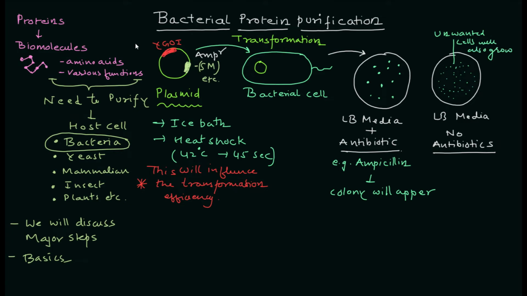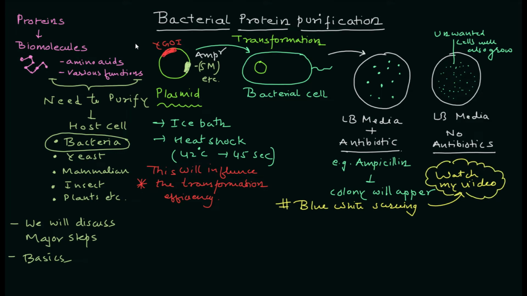We want to remove the possibility of unwanted cells without plasmid being selected for further processing. Next, when you do the cloning, in this case we are doing the expression, so blue-white screening will not work, but you should see that video where I explained blue-white screening, and that will strengthen your concept.